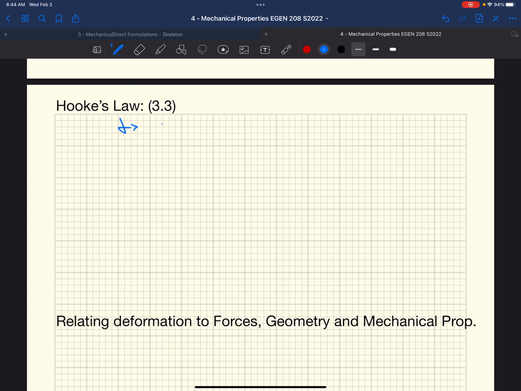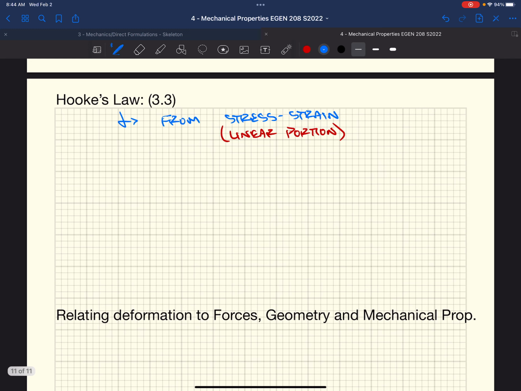So from the stress-strain, more importantly the linear portion, we got this relationship that stated that our modulus of elasticity E was sigma over epsilon, which was our stress over strain.